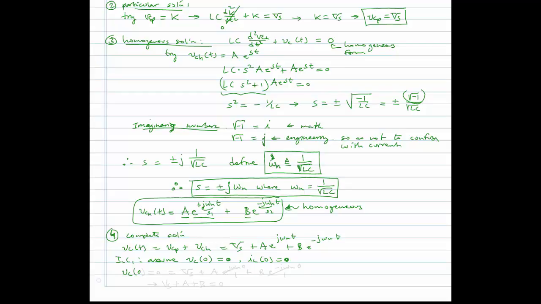Vc at time 0 is equal to 0, but it is also equal to Vs plus a times e to the j omega n 0 plus b e to the minus j omega n 0. These go to 1, I'm sorry. And so we find that Vs plus a plus b must be equal to 0. Let's hold on to that for now. We'll come back to it in a minute.